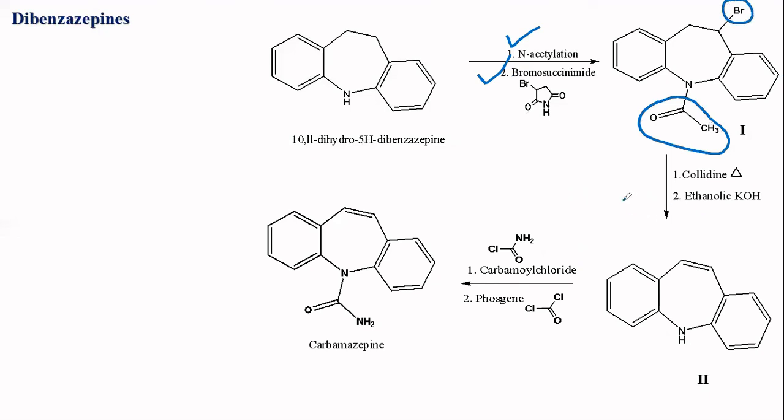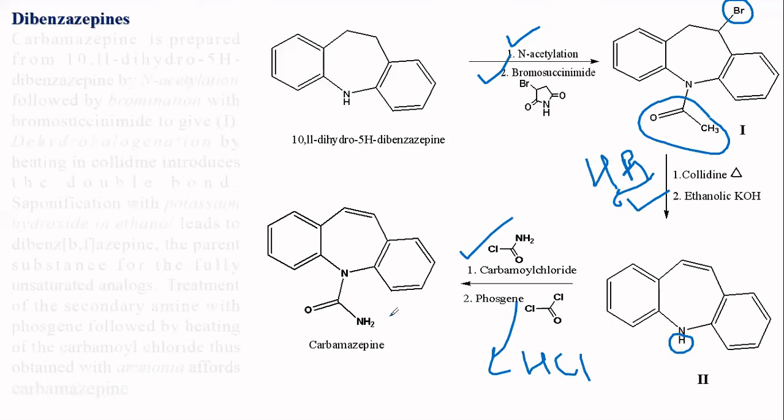Then that is acted upon by ethanolic KOH, and with the elimination of HBr, we get the double bond in the central ring. And now we need the amide moiety, because carbamazepine consists of an amide. So that hydrogen must be replaced by the amide. From where is that amide coming? It is coming from this carbamoyl chloride with the release of HCl, or with the removal of HCl. So this is how the synthesis takes place.